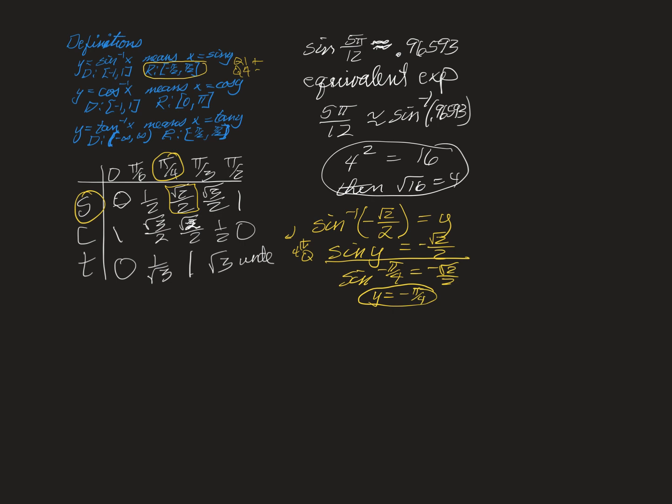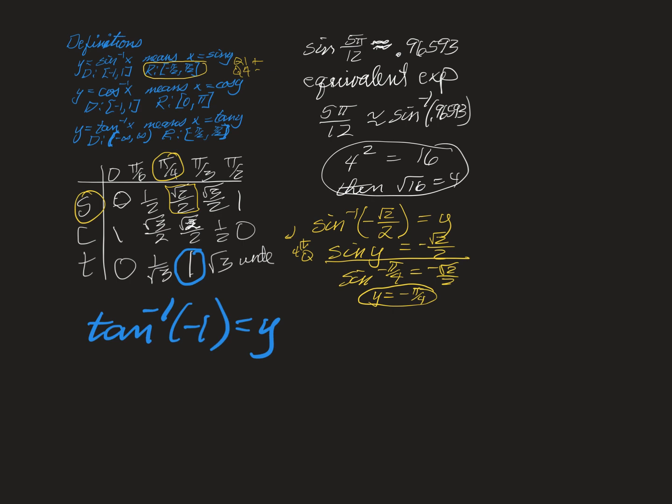All right. What if we want to find the inverse tangent of negative 1? That's equal to some value, and I want to know what that is. Well, tangent of pi over 4 is 1.